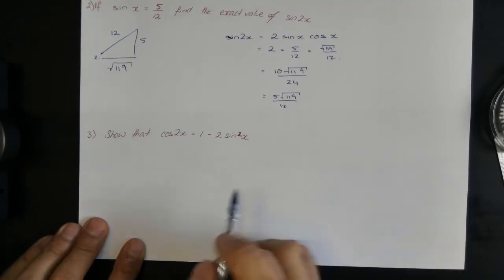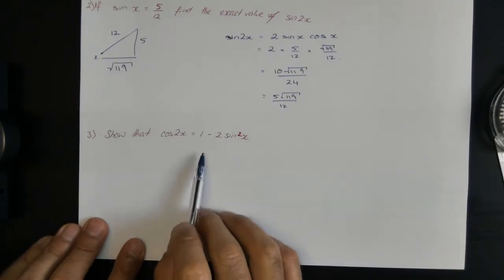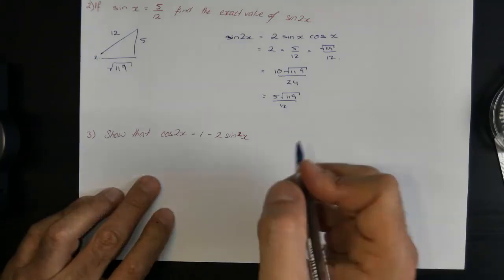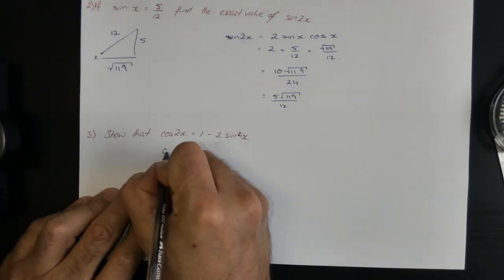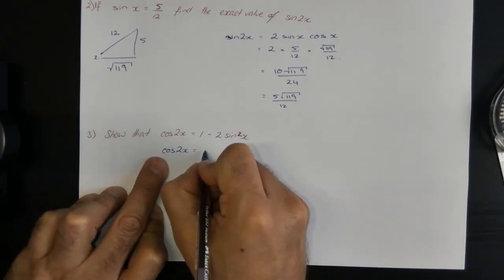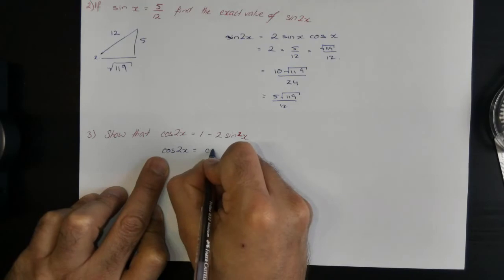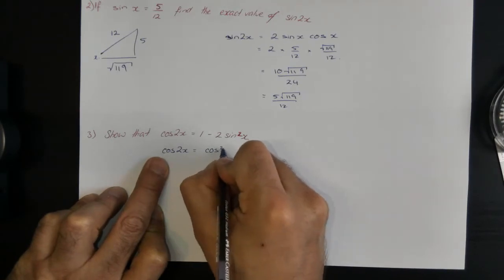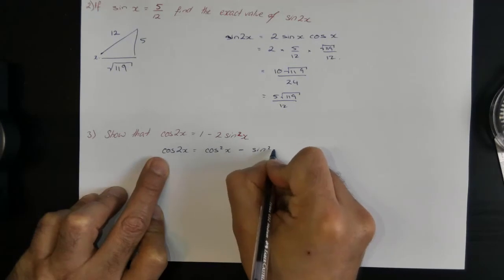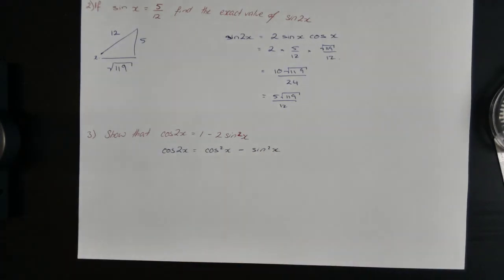Okay, here we're going to show that cos 2x equals 1 minus 2 sine squared x. So cos of doubling the angle is the same as cos squared of the angle minus sine squared.